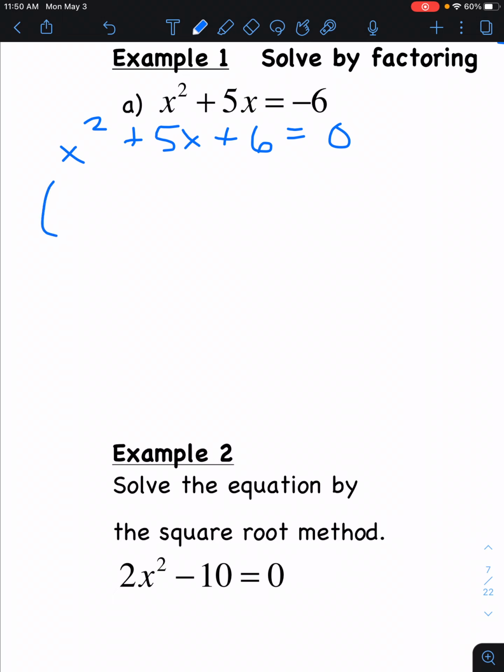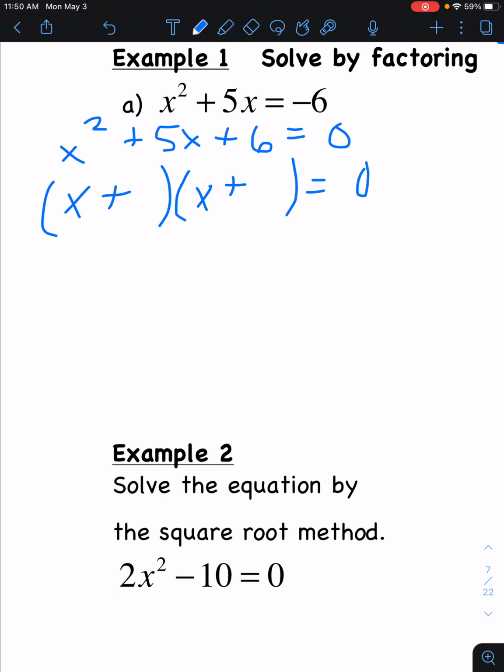To factor, there is no GCF here, so I can go right to 2 parentheses. The x squared gets split up into x and x. The signs are easy here. If you ever need to recap your signs, you can just do a quick Google search, signs when factoring. These are obviously all plus, so it's nice and easy, plus, plus.